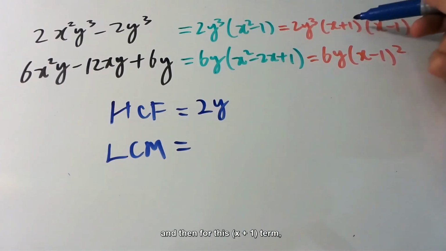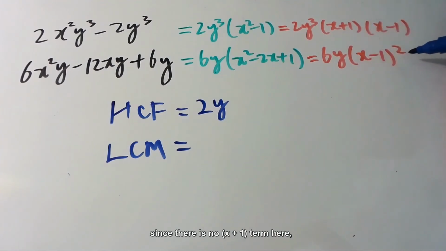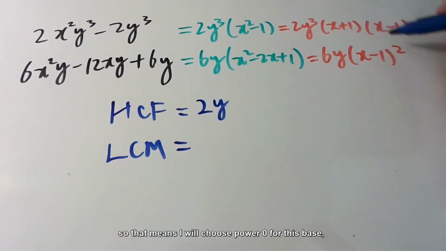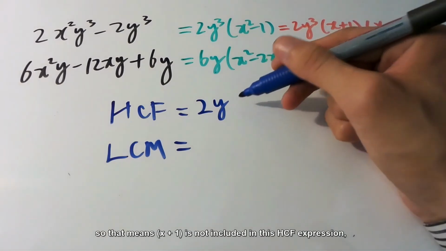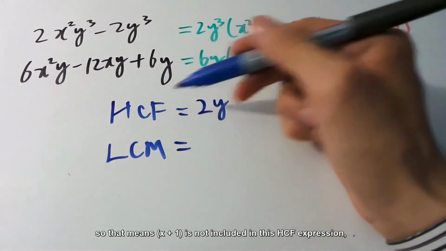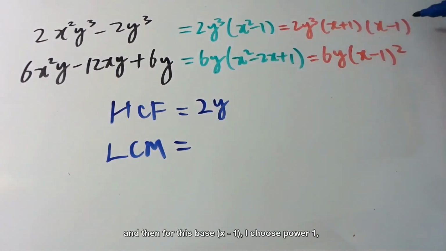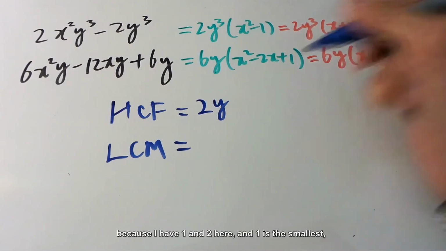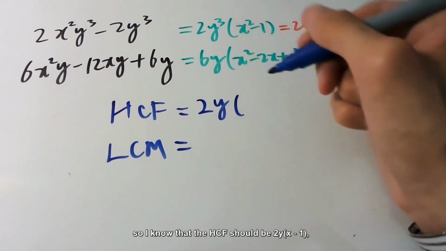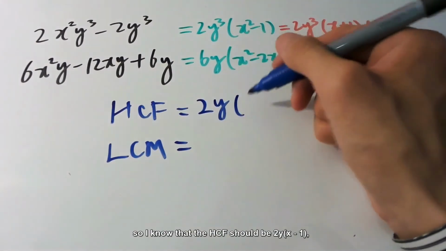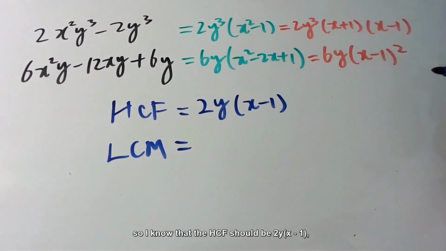And then for this x plus 1 term, since there is no x plus 1 term here, that means I will choose power 0 for this base. So that means x plus 1 is not included in this HCF expression. And then for this base x minus 1, I choose power 1 because I have 1 and 2 here and 1 is the smallest. So I know that the HCF should be 2y times x minus 1.